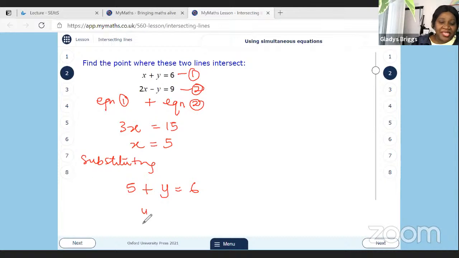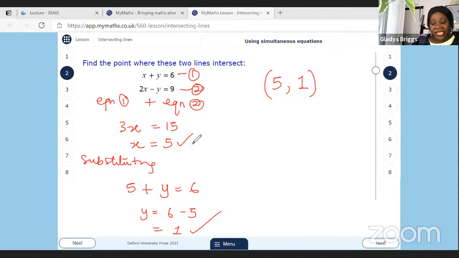Y is equal to 6 minus 5, which is equal to 1. Well done, Naji. Then the point of intersection would be 5, 1. Don't forget that. We did this in foundation maths. So write down my solution.